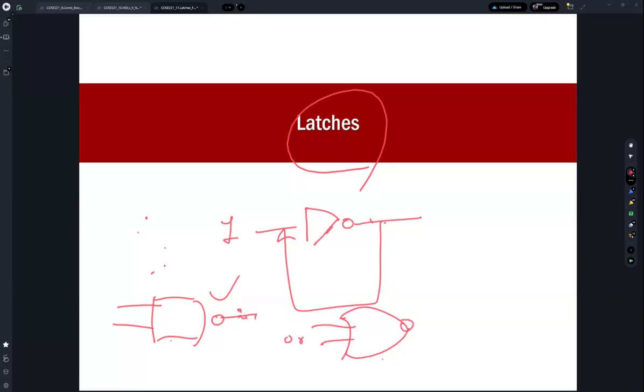Which means that we can use one input of this NAND or NOR gate to receive the feedback output, and the other input can receive a real input signal that can control the output value, right?